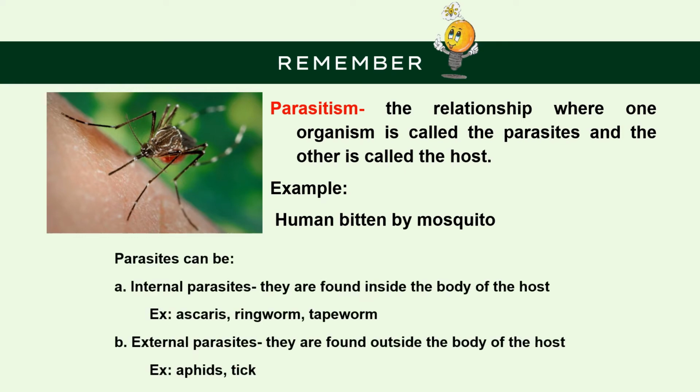Parasites can be internal parasites, where they are found inside the body of the host. Example, ascaris, ringworm, and tapeworm. Letter B is the external parasites, where they are found outside the body of the host. Example, aphids and tick.